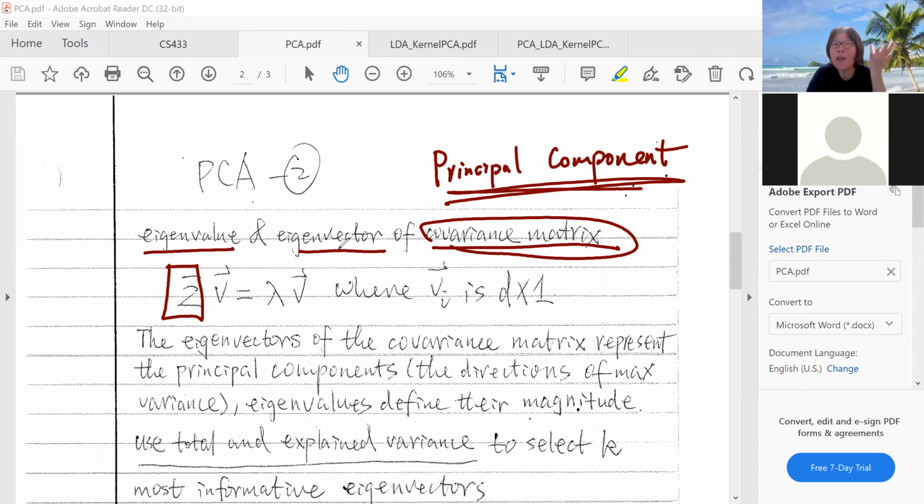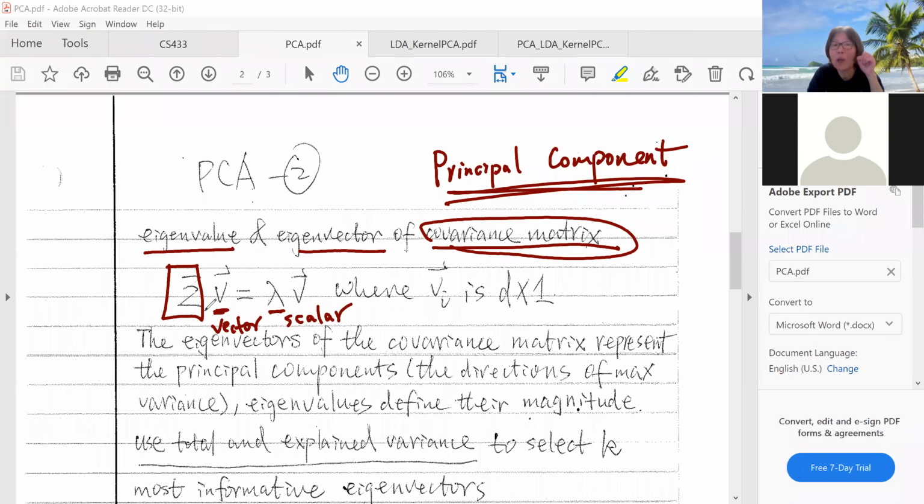But anyway, regarding that matrix, our goal is to find the eigenvectors. It's not a single one, it's multiple, okay? The eigenvalue is a scalar, and the eigenvector is a vector.